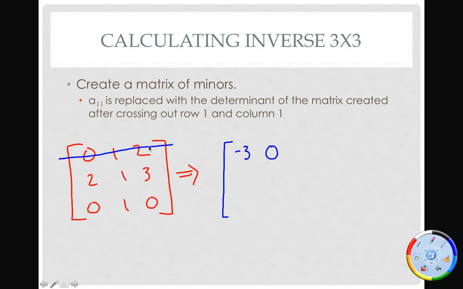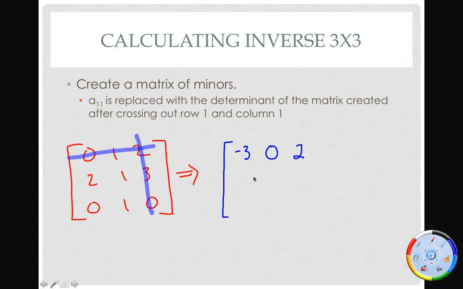I probably wouldn't cross things out all the time if I were you, because things are going to get kind of messy. I cross out the next row, and 2 times 1 minus 1 times 0 is 2.